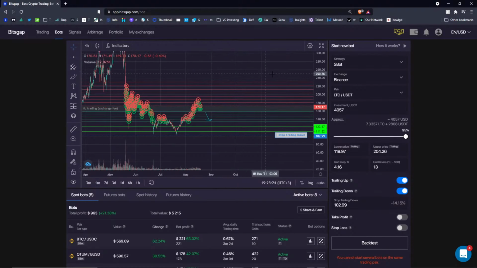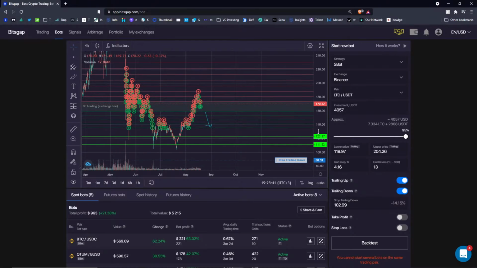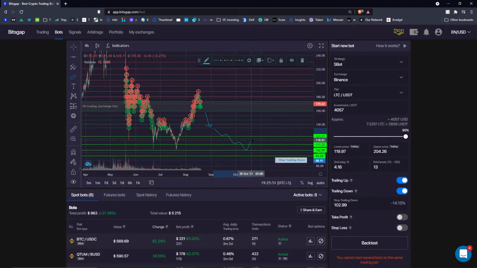strategy. And it's up to you to decide what's your risk tolerance, down until which level of price you have this risk tolerance. So for example, if I set my stop trading down at the price of 90, that means that down to the price of $90, my bot is gonna plot new limit buy orders, and whenever the price reaches it, will execute it.